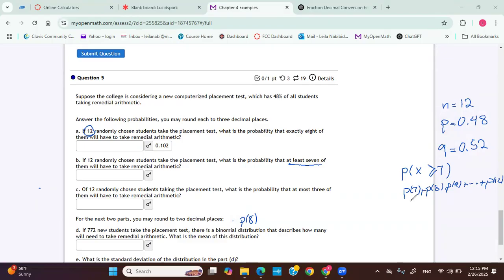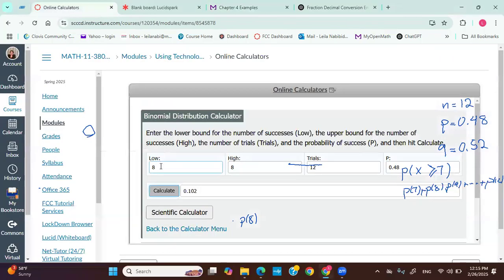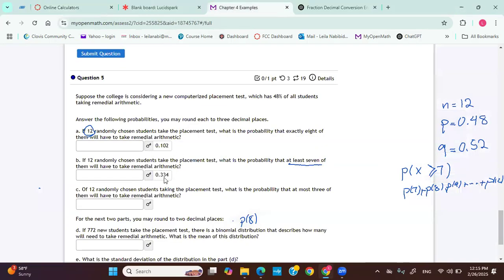You see how hard that is with the formula. Now we go back to the online calculator. This time the lower number is 7 and the higher number is 12, because we have 12 trials and the probability is 0.48. The answer should be 0.3343. Yes, that's right.